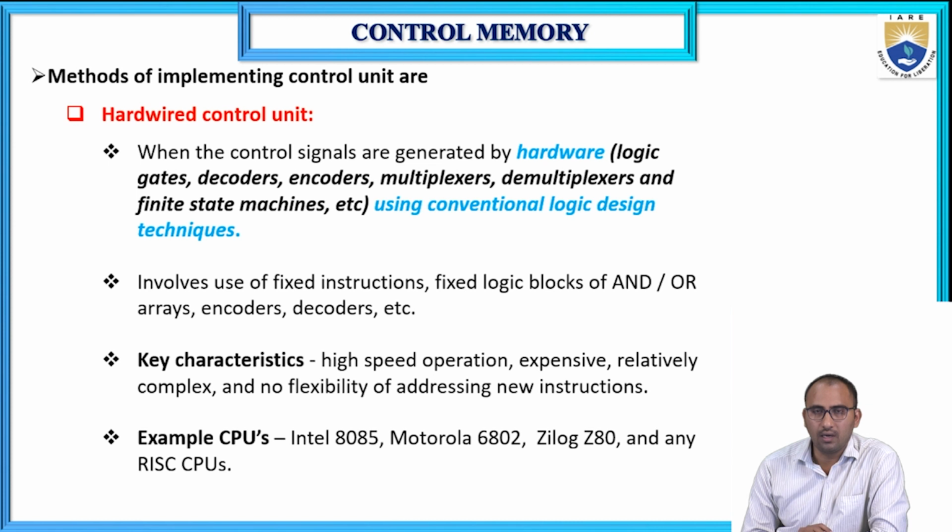So the first one is the hardware control unit. In this hardware control unit, the timing and control signals are generated by using some hardware components. So we are generating them using some hardware, like logic gates, encoders, decoders, multiplexers, demultiplexers, and finite state machines.